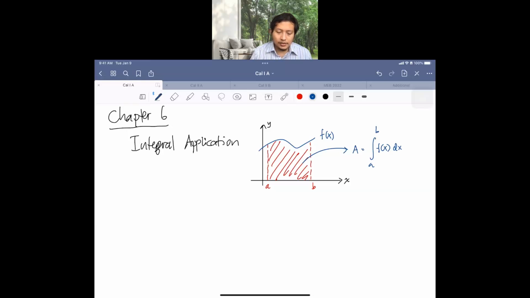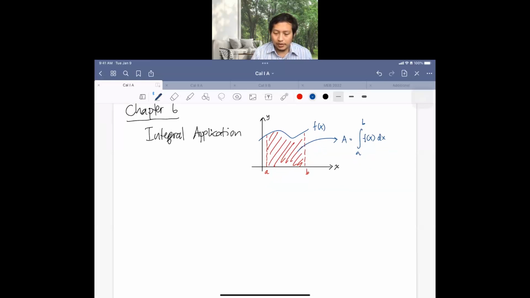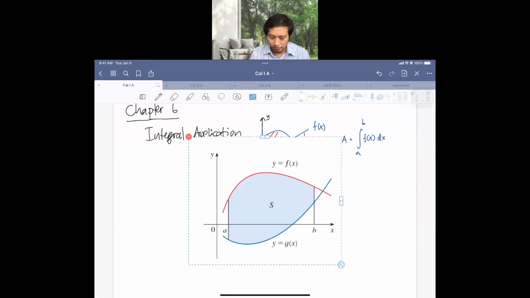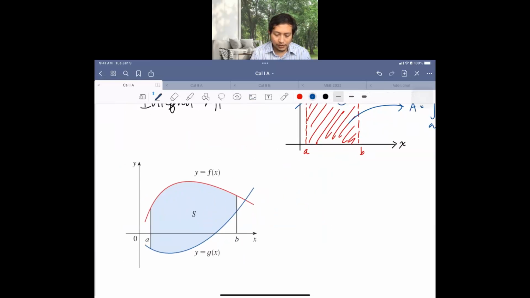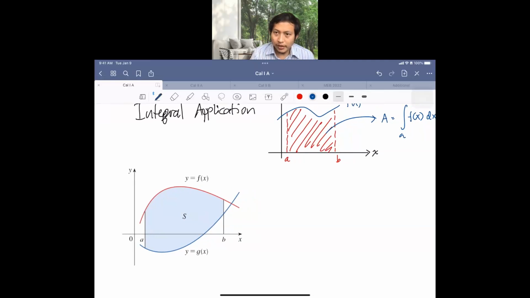Now, the idea in chapter 6 starts with this. We have two functions, f of x and g of x, and both curves are evaluated over the same endpoints, from a to b. The question is, what will be the area S in this case?